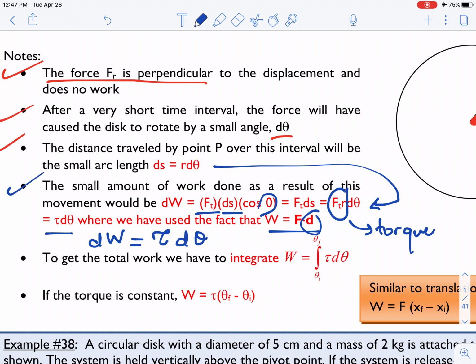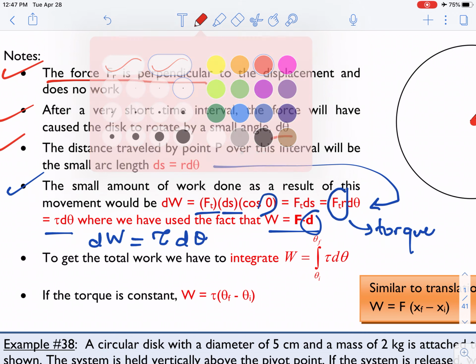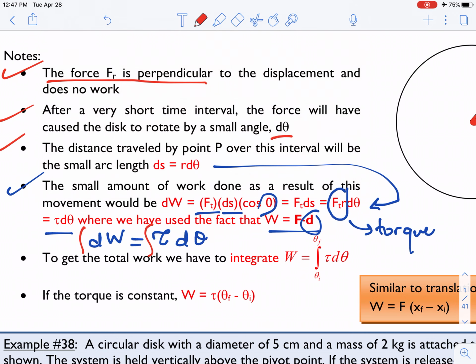To get the total work, we have to integrate, because again, this is infinitesimally small work due to infinitesimally small displacement. What about the total work? So you integrate both sides, and then the dW becomes W, and if torque is constant, tau comes out, and the d theta is only from initial to final, and you simply get this answer.